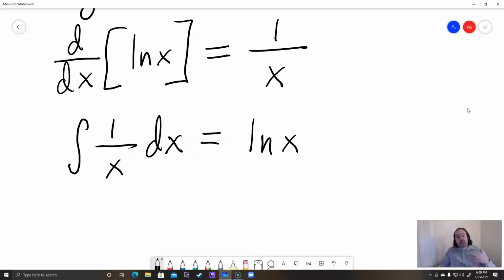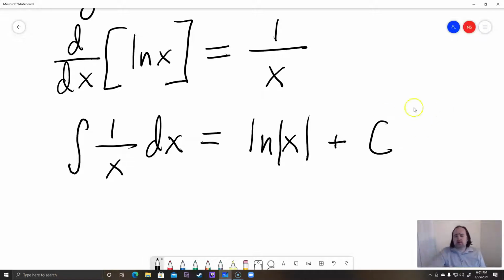But if it's an indefinite integral, if it doesn't have numbers here, it's going to give you ln of x plus c, where c is a constant, just like in calculus 1. The only thing that's a little bit strange is that when you're doing the integral, you have to put an absolute value around x. So it's going to be ln of absolute value of x plus c.